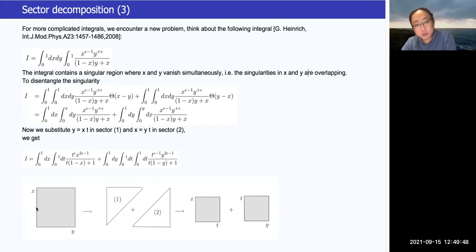So basically what you are doing is to slice your integration region into 2 pieces. One piece is this triangle, another is the bottom triangle, but you add a substitution: you set y equal to xt in the first sector, you set x equal to yt in the second sector, and then you basically bring it back to an integral in this square. And for this kind of integral, it's much easier to read out the piece that causes you singularities.